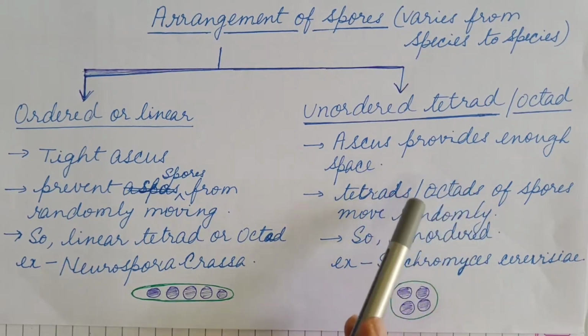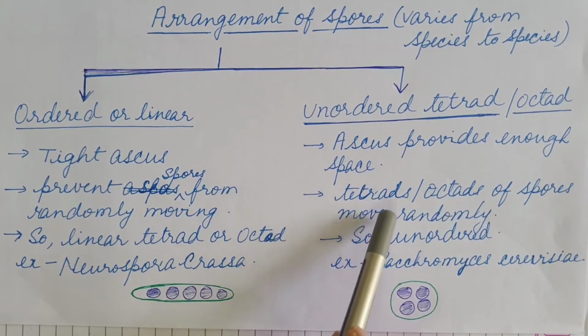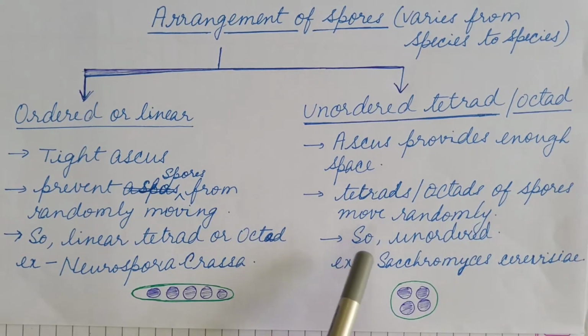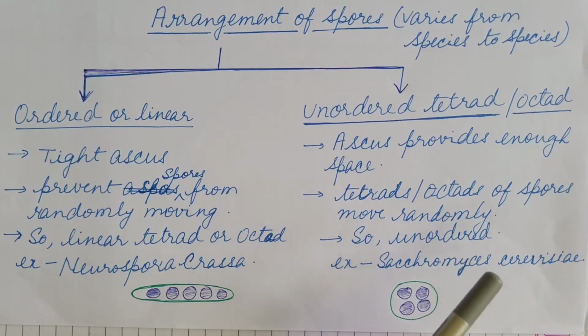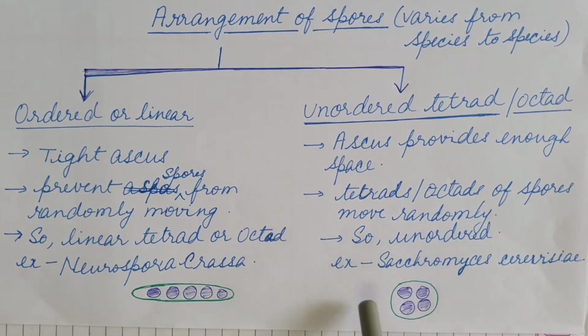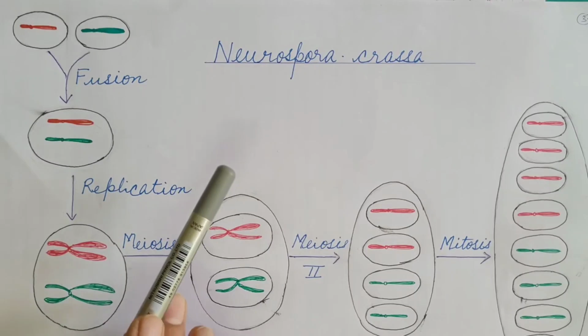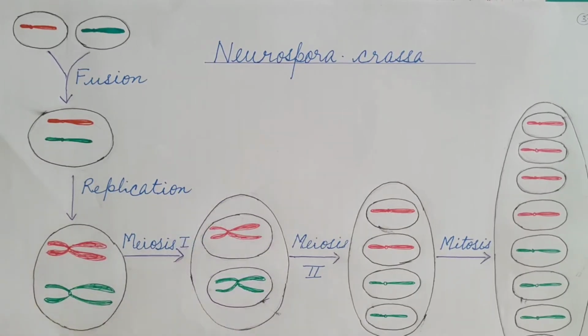It provides enough space, as a result of which the spores move randomly, and hence they are not linearly or orderly arranged, but unordered. Example, Saccharomyces cerevisiae. We will focus on ordered tetrad analysis.